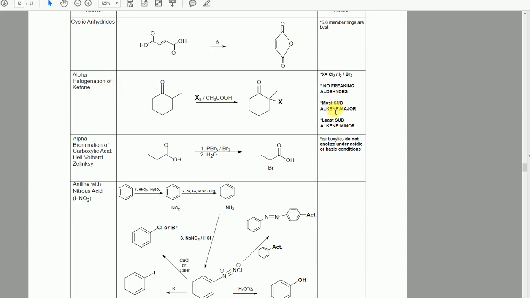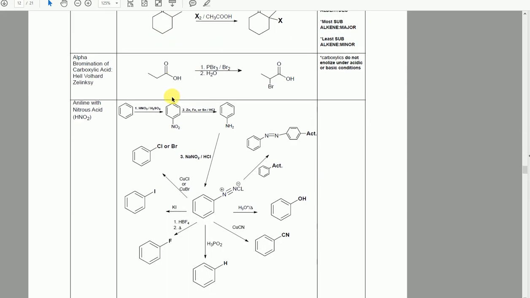Here they say most substituted alkene major. So I guess the intermediate here is a double bond that forms at some point, which it does because we'll have a resonance structure. But yeah, double bond formation, and that's why the most substituted is preferred, because it allows us to form the more substituted double bond.